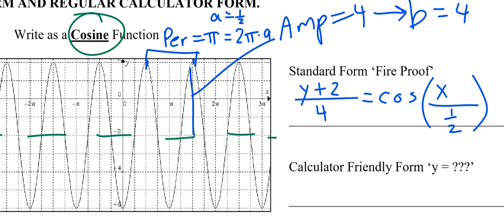How many people chose positive pi over 2? So you have, in your numerator, x minus pi over 2. You're correct. Good job. How many people put x plus pi over 2, which would be negative pi over 2? You're correct. How many people put x minus 3 pi over 2?